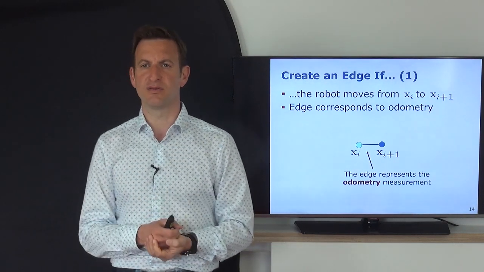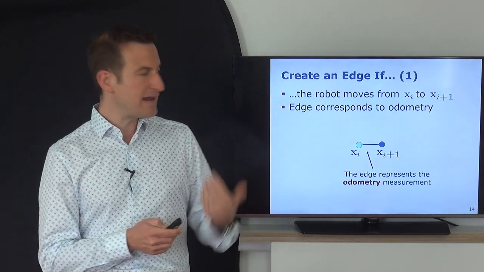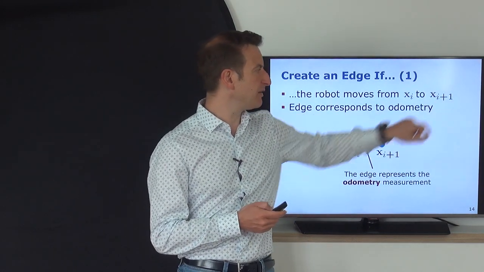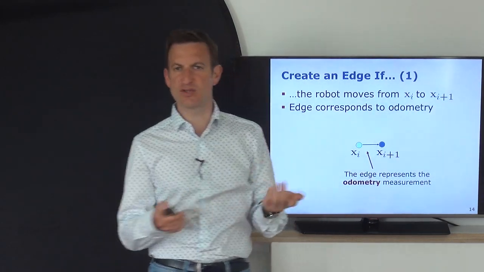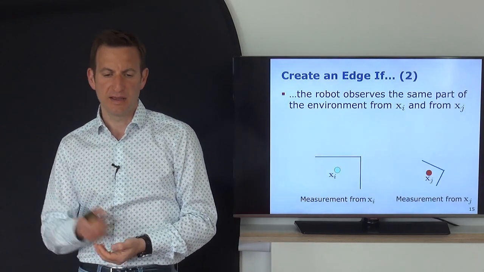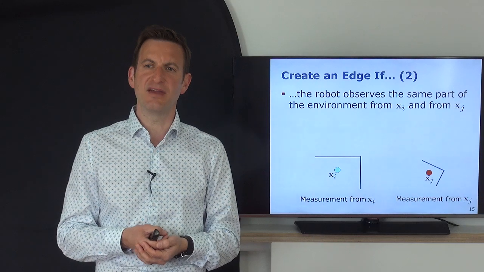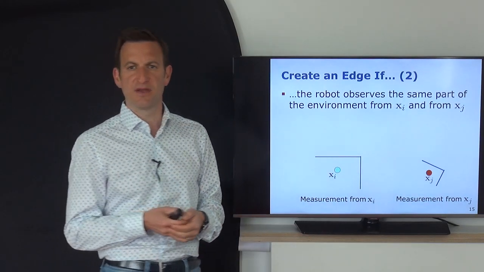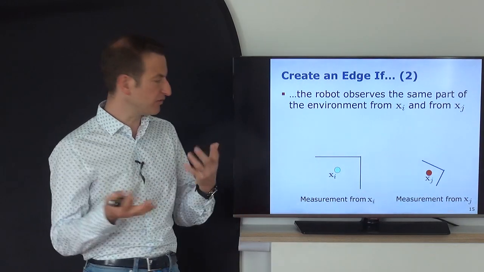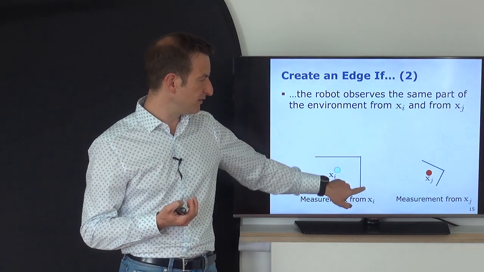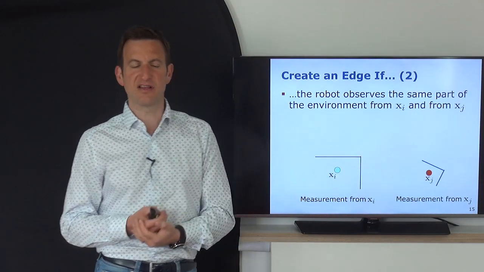So, relative pose information. An edge can also exist between two arbitrary poses, so not i and i plus 1, but i and j, where j is different from i plus 1. And then we typically need to relate this information with each other using the sensor data. So as an example, consider this now as a 2D illustration. We have our robot at xi sitting over here, and this is the scene it is observing with its laser scanner.